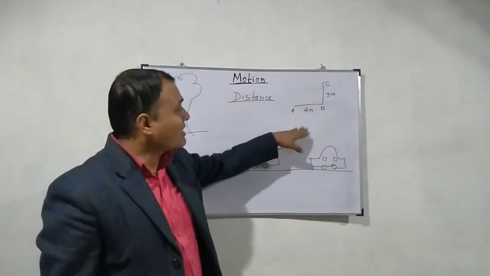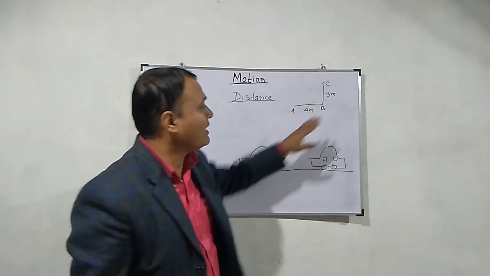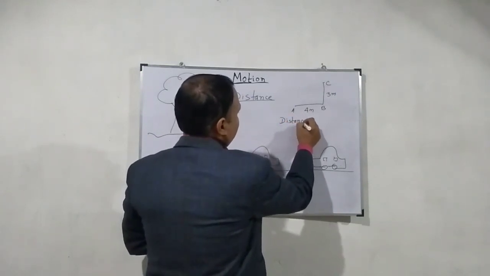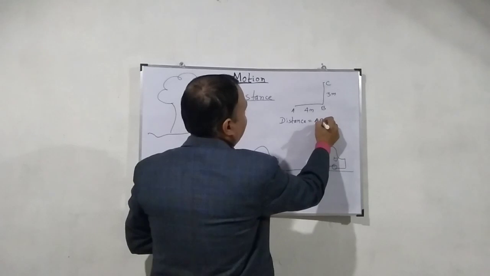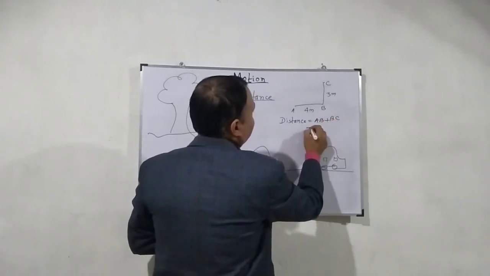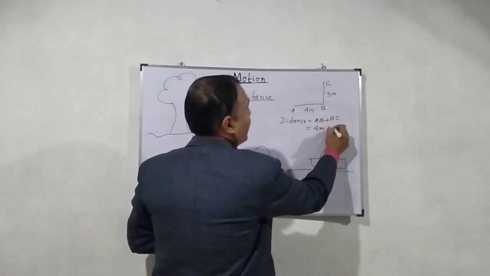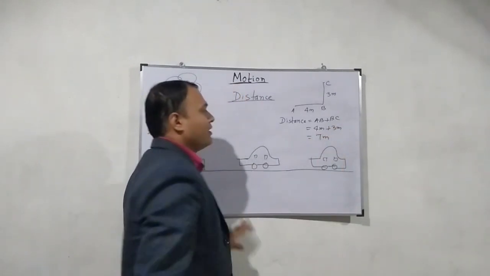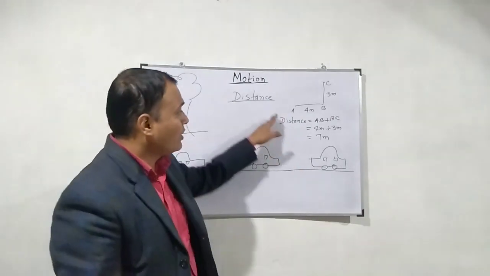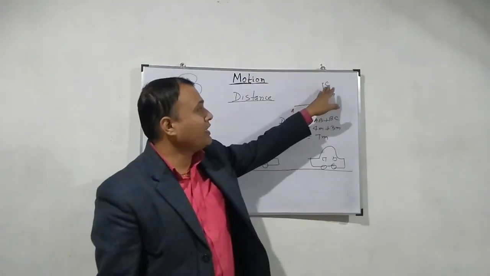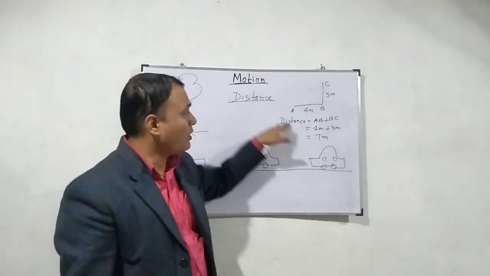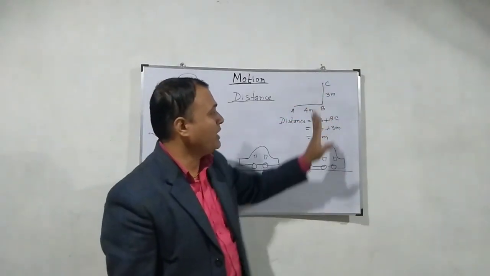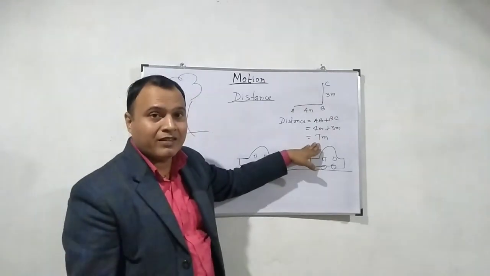So the total distance covered is the actual length of the path, that is distance equals AB plus BC, that is 4 meter plus 3 meter, and the total value is 7 meter. So the distance from A to C is 7 meter because the object travels A to B and then again B to C. So total distance is 7 meter.